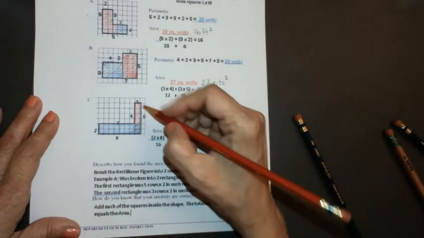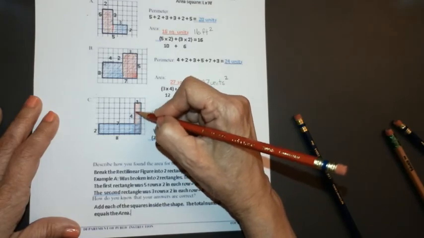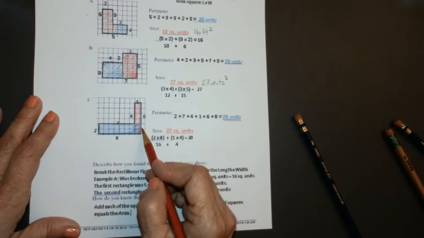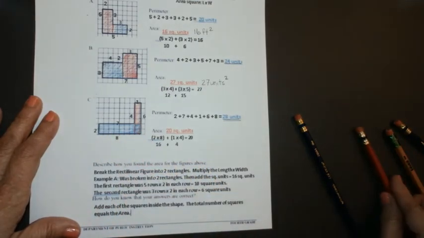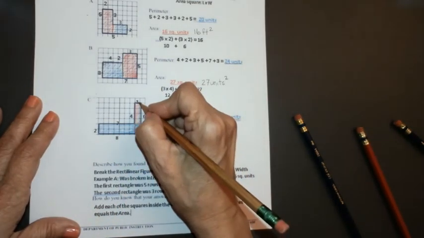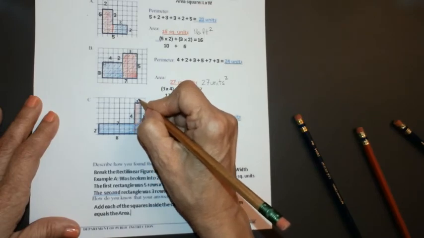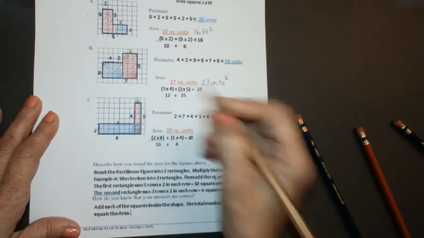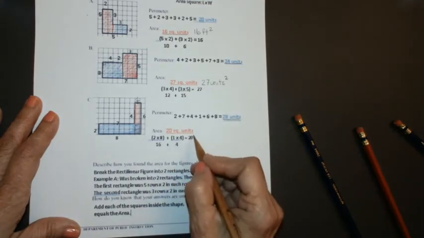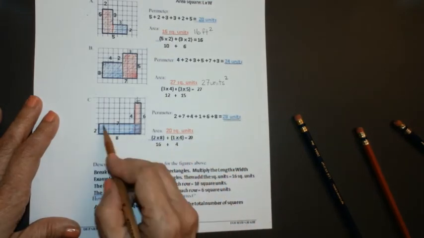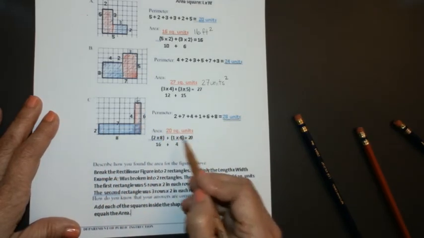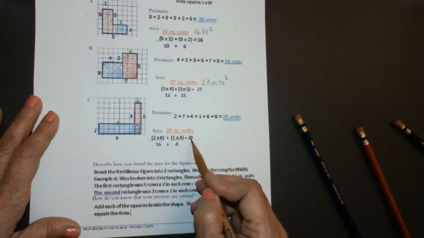And then we have a smaller rectangle here. And it's not 1 times 6 because these 2 are being used for this rectangle. So I'm going to take a look at the 2 corners that meet. And that's a 1. And that's 1, 2, 3, 4. And I have 1 times 4 is 4. So when I add the 16 squares in here and the 4 squares here, I get 20. 20 square units.